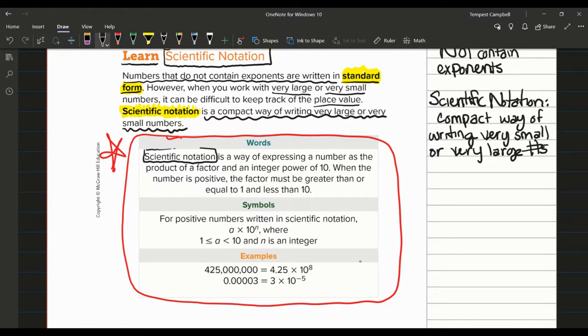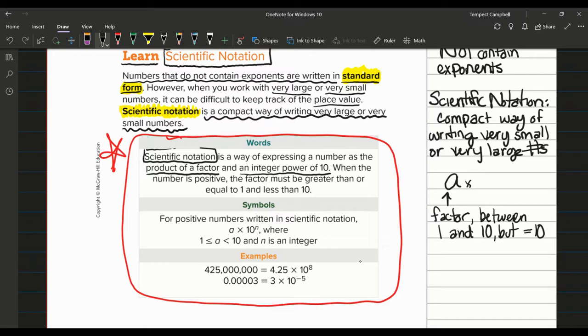So it's a way of expressing numbers as a product of a factor and an integer power of 10. So when we're talking about that, we have some number a. So on my side, I'm going to write a. That's what we call a factor. And this factor has to be between 1 and 10, but cannot equal 10.